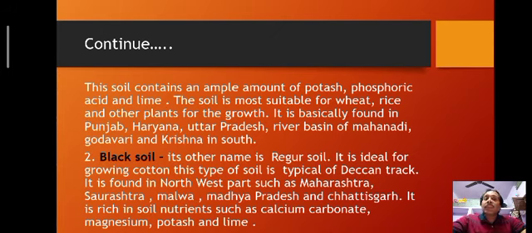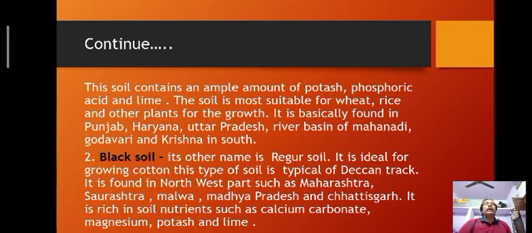This soil also contains an ample amount of potash, phosphoric acid and lime. This soil is most suitable for the production of wheat, rice and other crops. It is basically found in Punjab, Haryana, Uttar Pradesh, and the river basins of Mahanadi, Godavari and Krishna in the south, because these rivers are located in the southern part of India.